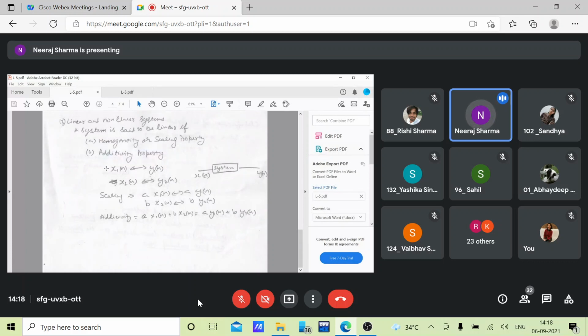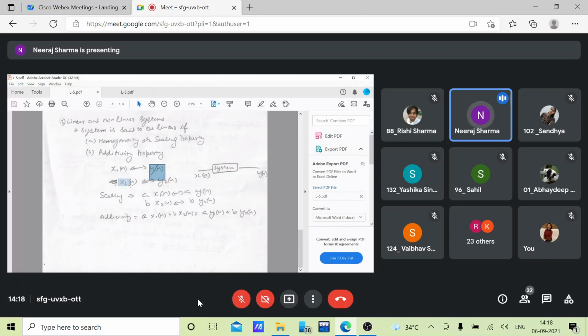Now let us see how to identify whether a system is linear or non-linear. Let us assume that we have a system which is an interconnection of different electrical and electronic components, with x of n as an input and y of n as an output. Let us assume that at instant n1 we apply an input signal x1[n] to the system, and the output is y1[n].